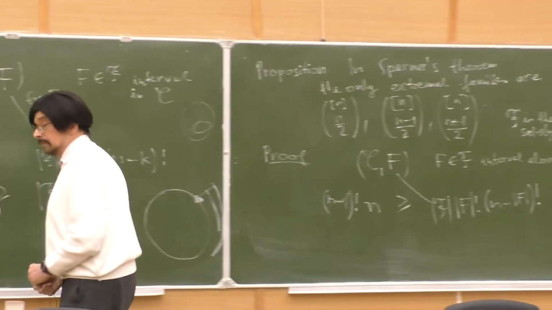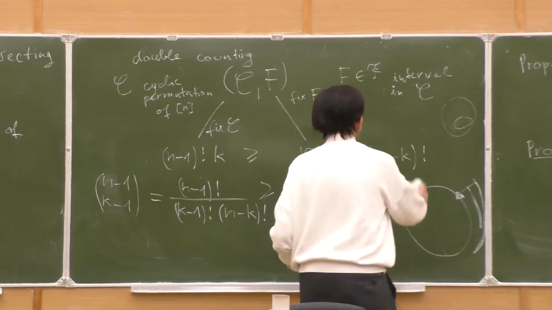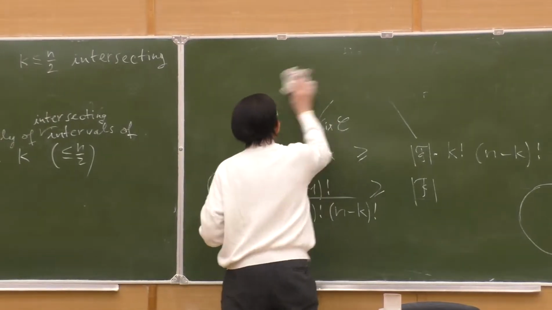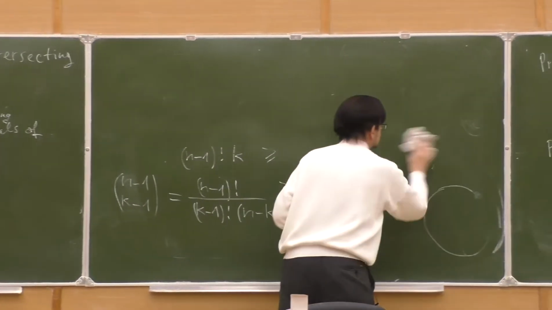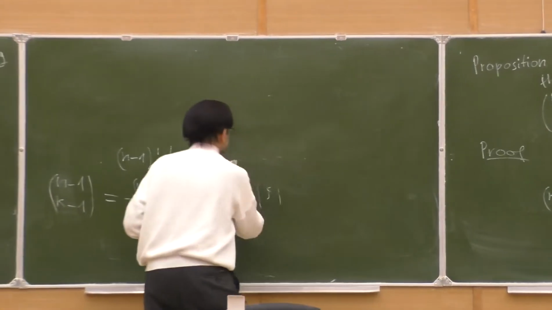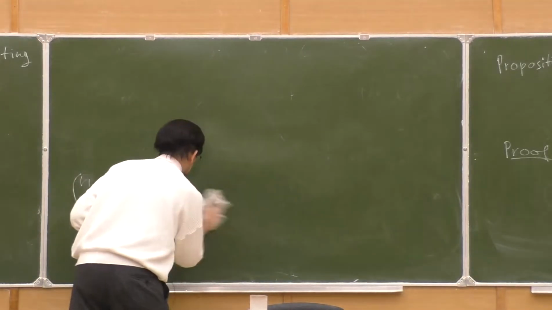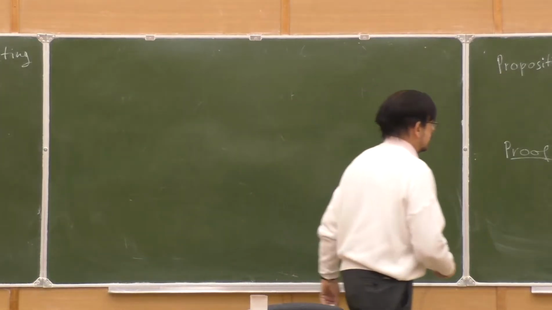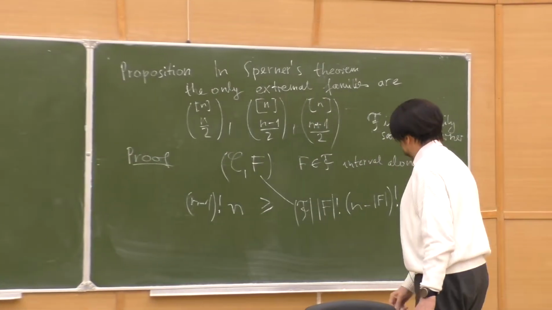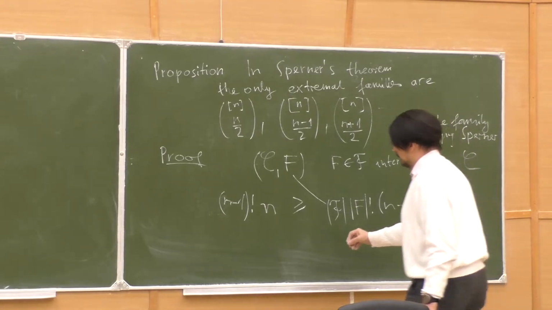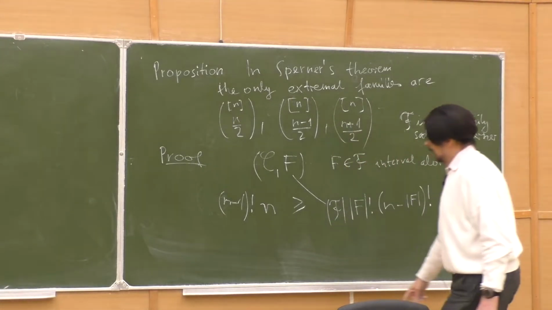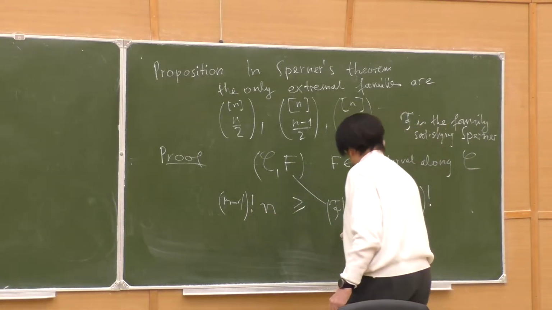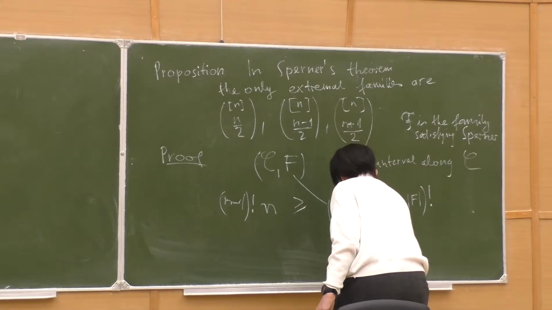And this inequality. So what did we get here? So this is n factorial, and we divide this by this side.